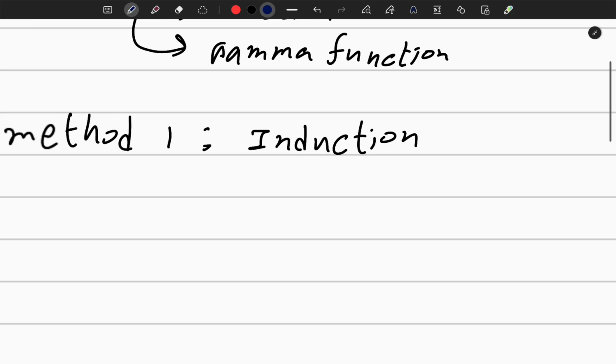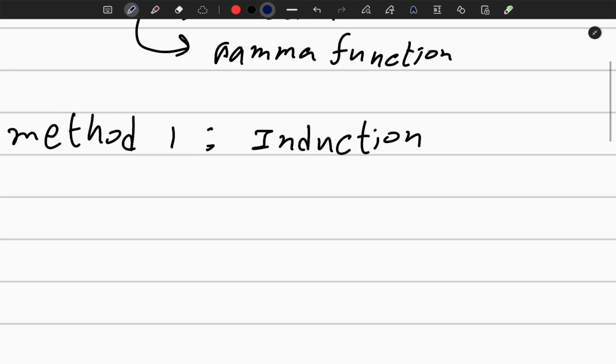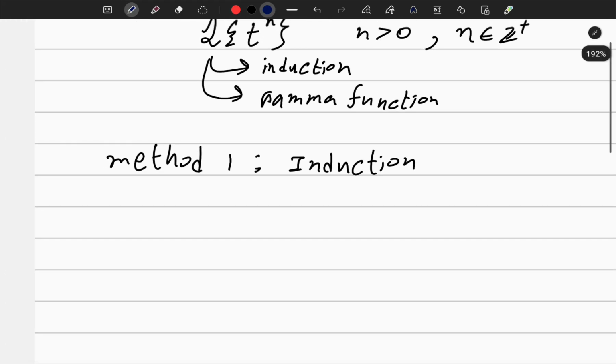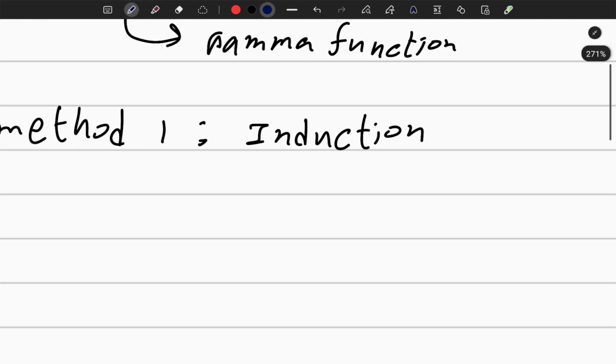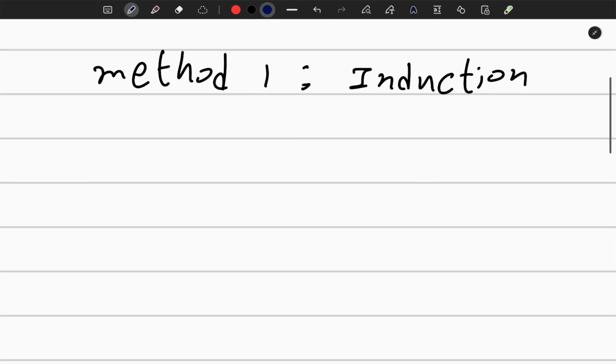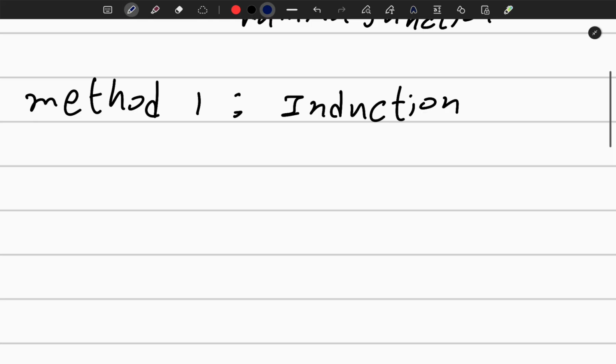If it is true for p, and using that we prove it is also true for p plus 1, then you can say that condition is true for any n value. So I'm going to use this induction method.